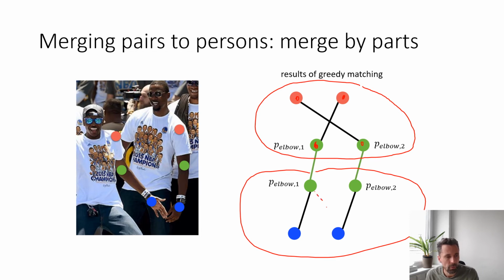So the former link here was discarded, and that former link here was discarded too. Now, since an arm usually has the same elbow, we can connect those subgraphs together when and only when they share the same part.